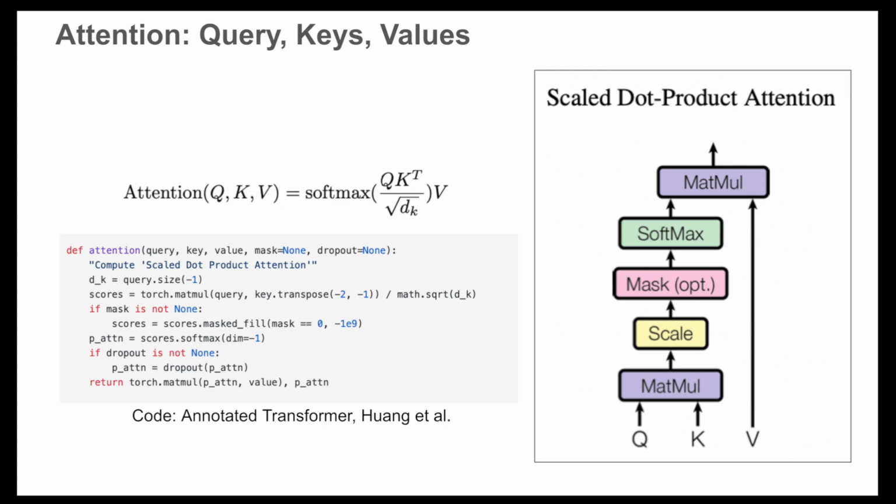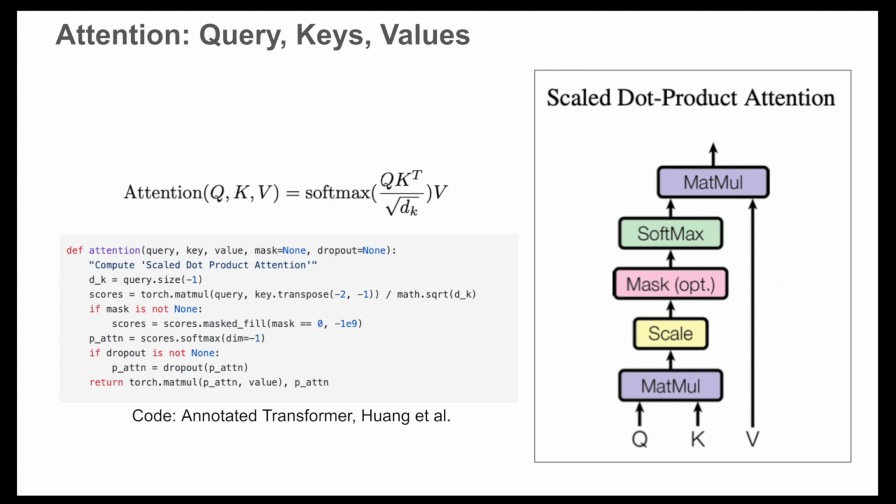The first thing is to get the size of the query vector and to find the similarity score, which we get by computing the dot product between the query and key, and then we scale the result with the square root of dk to alleviate numerical instability problems. And if mask is not none, we apply mask, but this is done in the decoder.